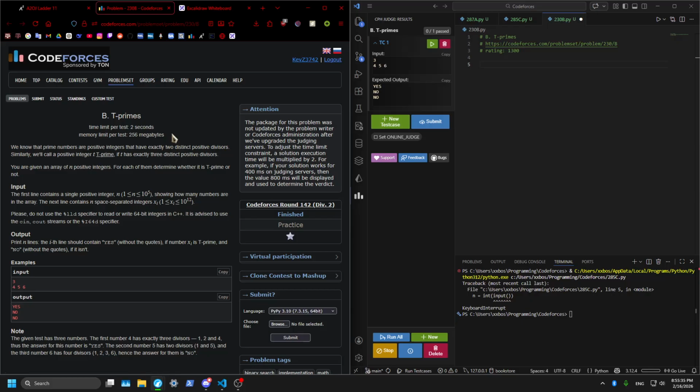We know that prime numbers are positive integers that have exactly two distinct positive divisors. We can call a positive integer t prime if it has exactly 3 distinct positive divisors. You're given an array of n positive integers.